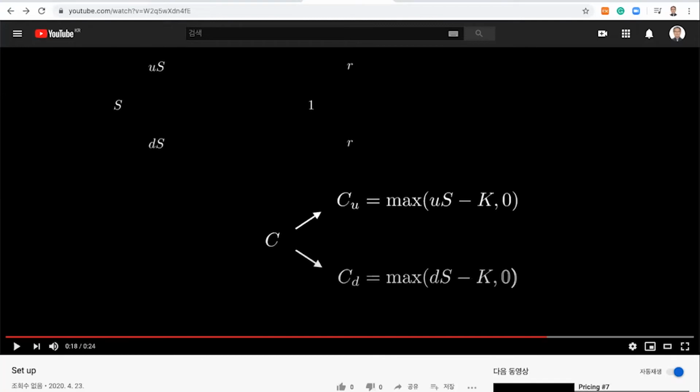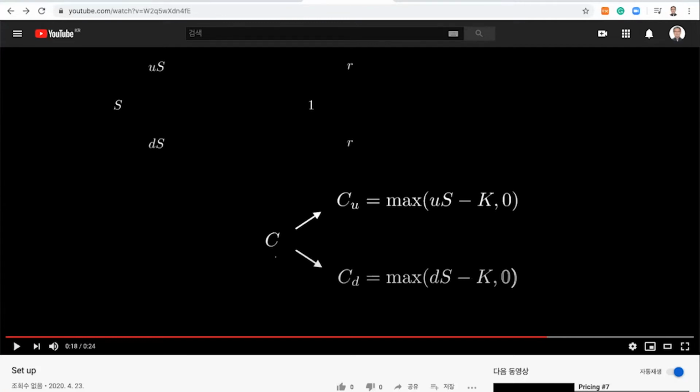So you may think of this R as 1.1. An important thing here is that whether it goes up or down, it is still the same amount. That means if you borrow $1 from a bank, you have to pay back 1 plus something, not depending on the state. That's the meaning of this second asset. Or if you put $1 in the bank, you will get 1 plus something in either state.